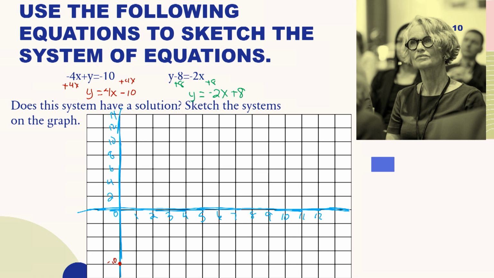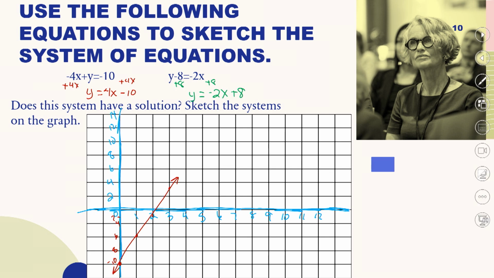Up 4 over 1, up 4 over 1, up 4 over 1. And that is a good example of my red equation.